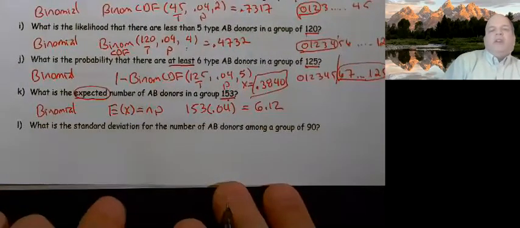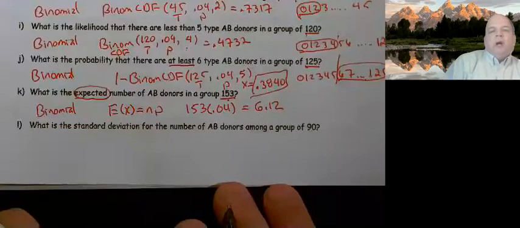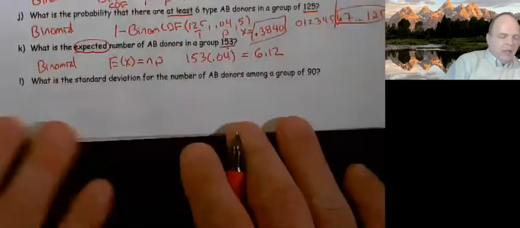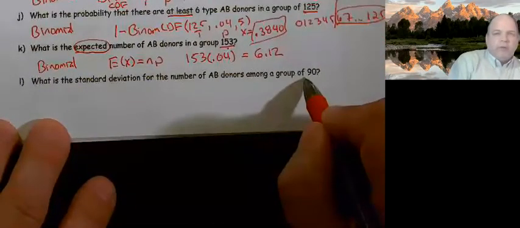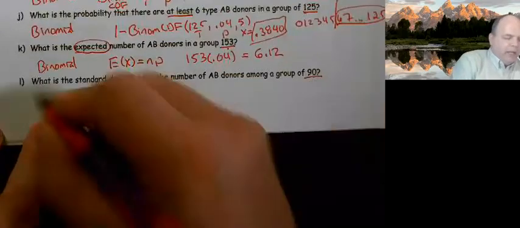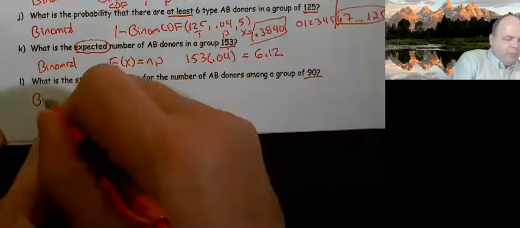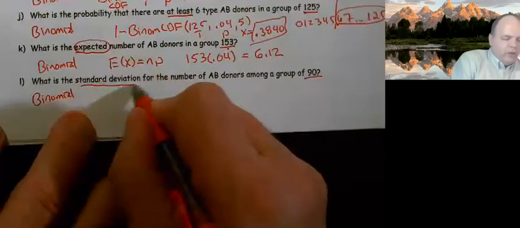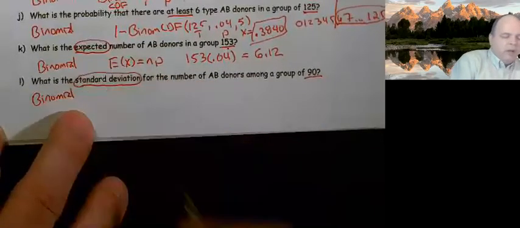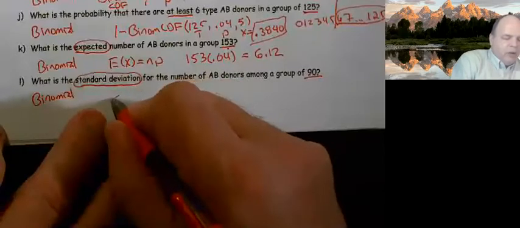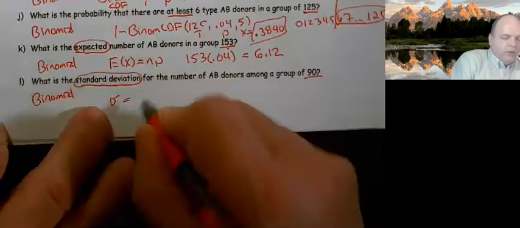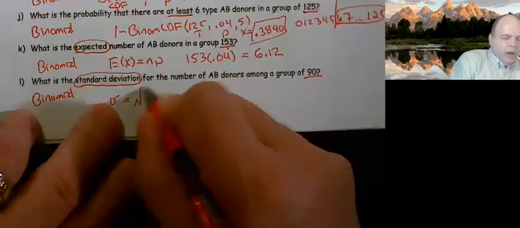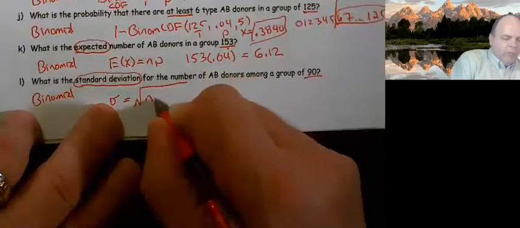What is the standard deviation for the number of donors among a group of 90? Okay, so we have a specific number of trials, which happens to be 90, so this makes it a binomial. And they ask for the standard deviation. The standard deviation for the binomial is the square root of NPQ.